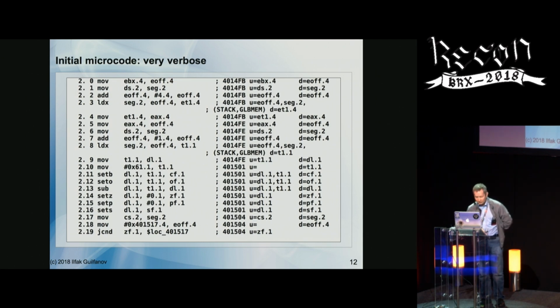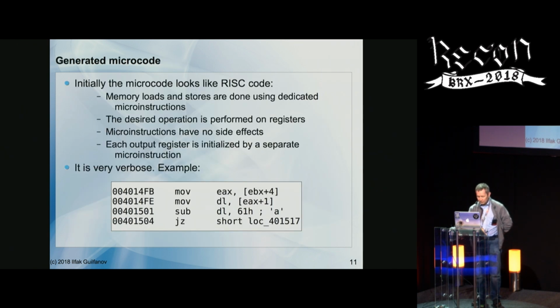You can look at their instruction addresses to see how instructions got converted. For example, the first 5 lines represent one instruction. So you see that we manually, what was the instruction itself? It was a move from the memory pointed by EBX+4 into a register.